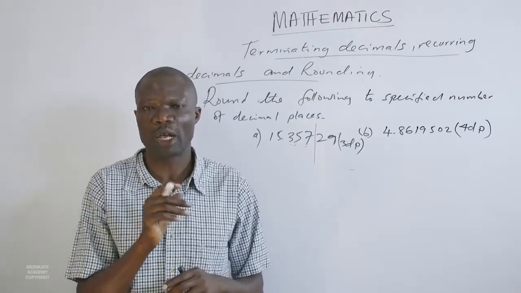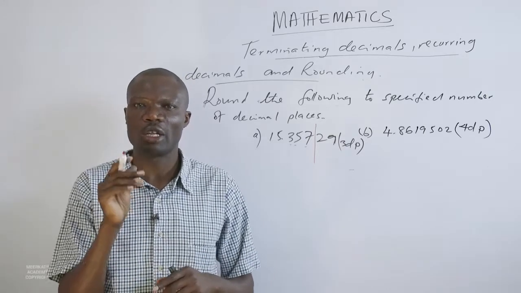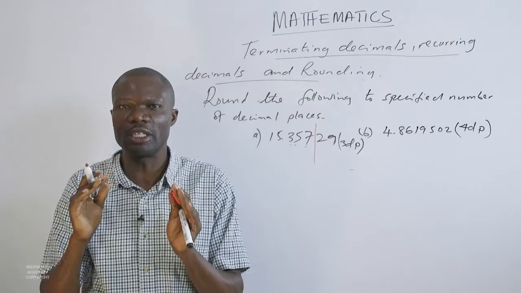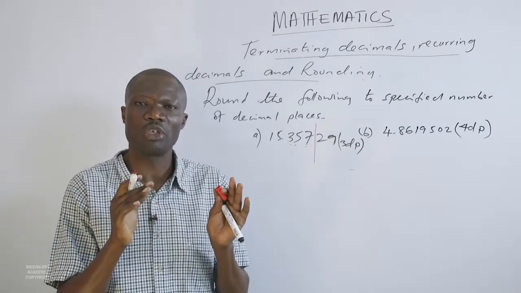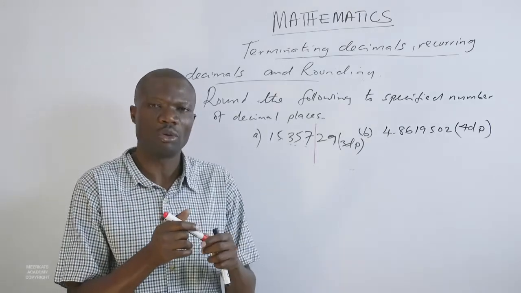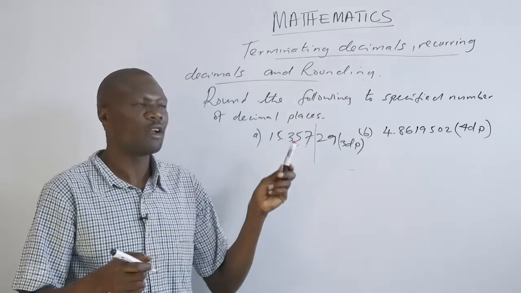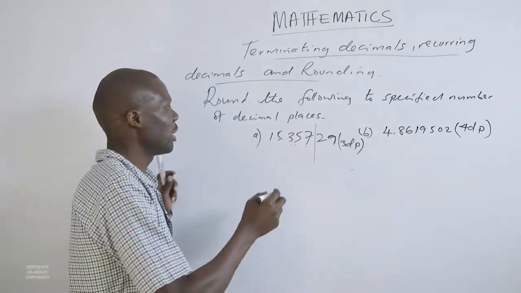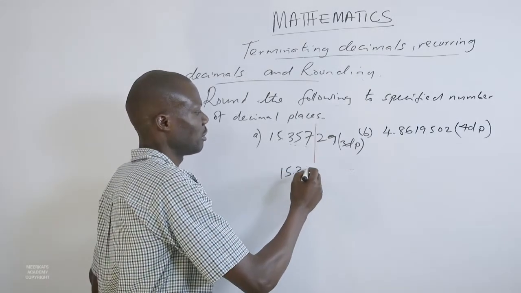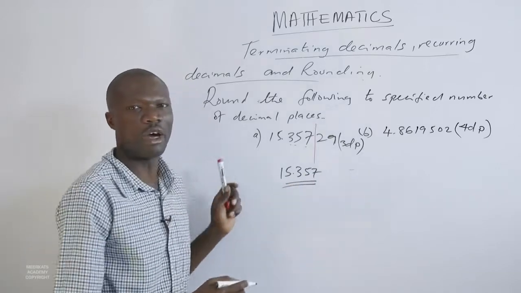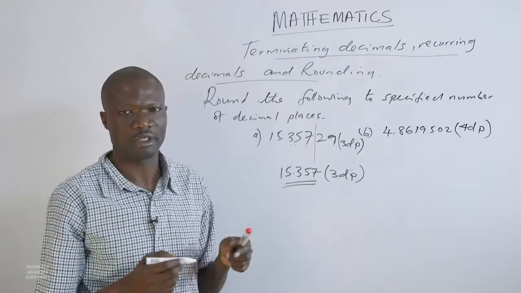We said earlier on that if the critical digit is less than 5, then the rounding digit is not changed. So for this case, 2 is less than 5. Therefore, we are not going to change the rounding digit. We only go in for the number of decimal places. So when you rewrite this correct to 3 decimal places, it will be 15.357. And this is correct to 3 decimal places.